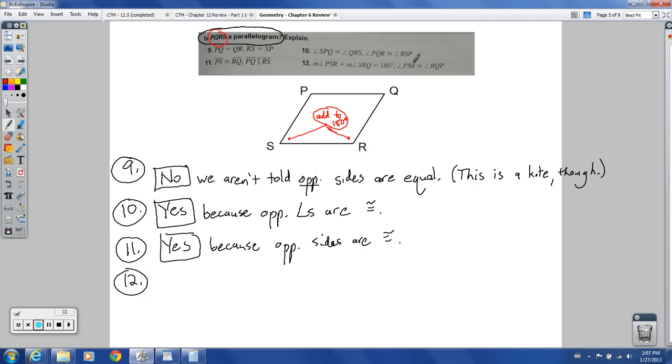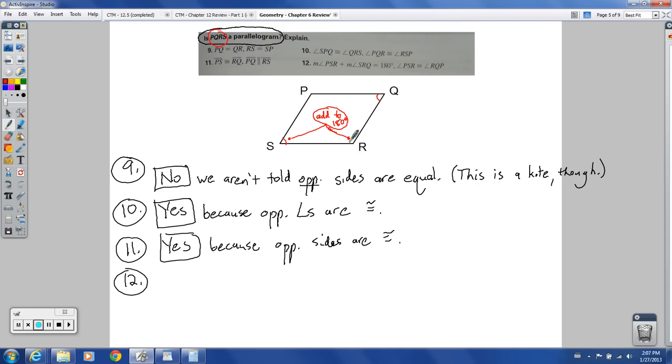And also that PSR is congruent to RQP. So if these two are the same, and these two add to 180, these two must also add to 180, based on the fact that this is the same as this.